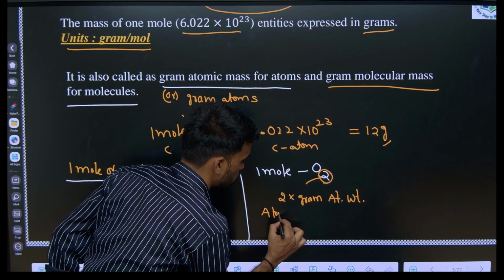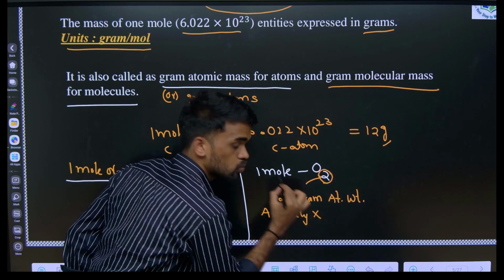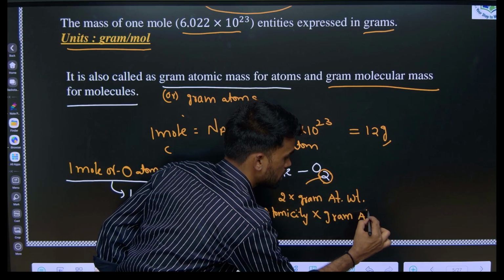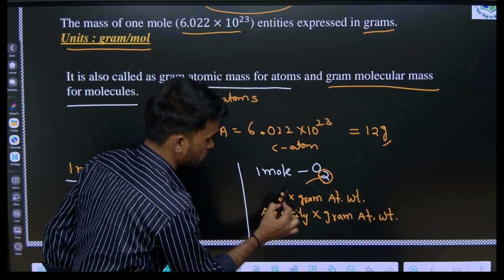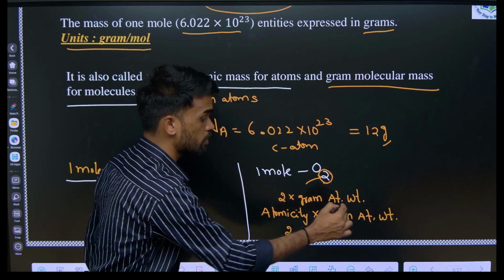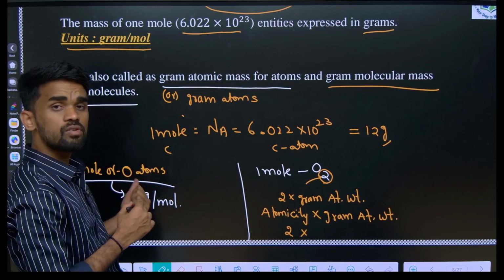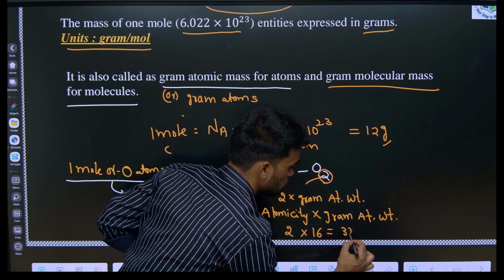So let us make a formula: atomicity into gram atomic weight. Here what is the atomicity? We have 2, right? So take 2 into the gram atomic weight for 1 mole of oxygen atoms, which is 16. Therefore we can write it as 32 gram per mole.